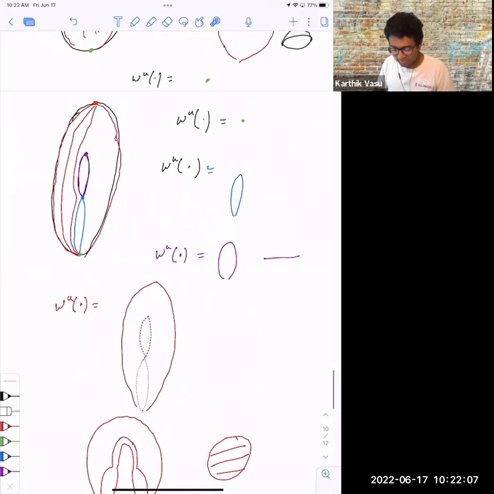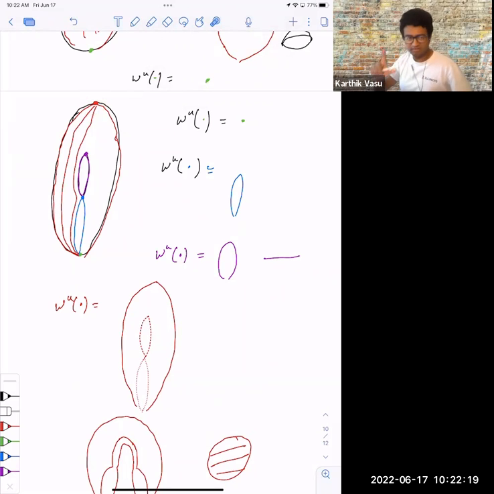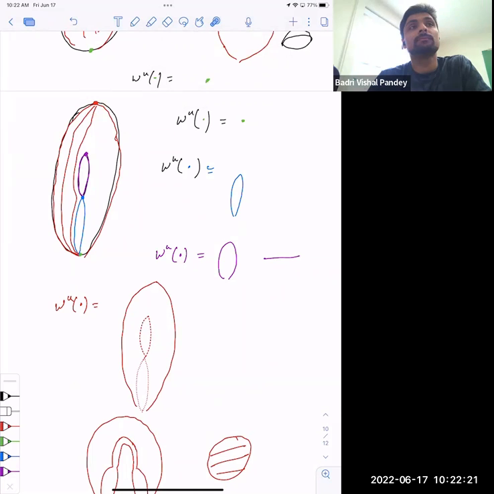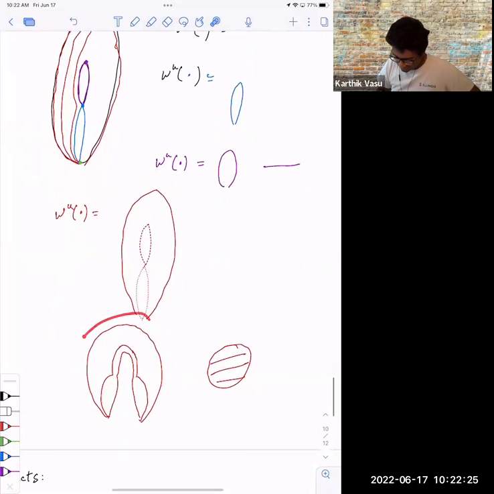Index is how many negative numbers there are. So the Morse function near a critical point will look like minus x squared, plus x squared. How many negatives there are, that is the index. And it so happens that index will tell you the dimension.